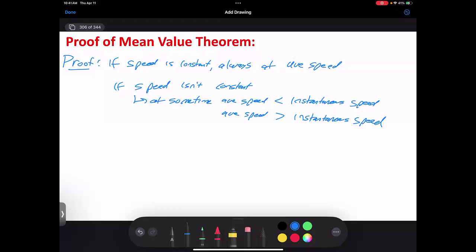What theorem tells us if we're below the average speed at some point and above the average speed at another, at some point we must have gone through the average speed because the speed is continuous. Intermediate value theorem, which is probably why we did the intermediate value theorem before doing the mean value theorem. So done by intermediate value theorem applied to speed.